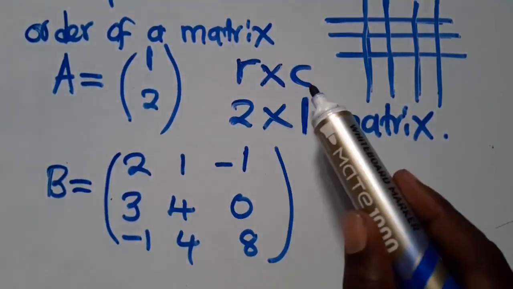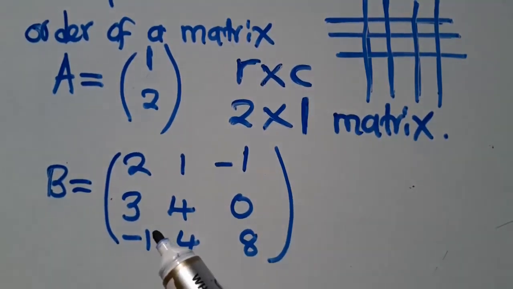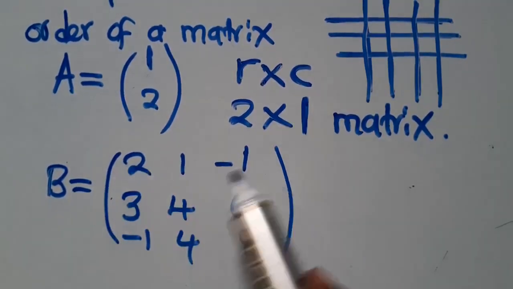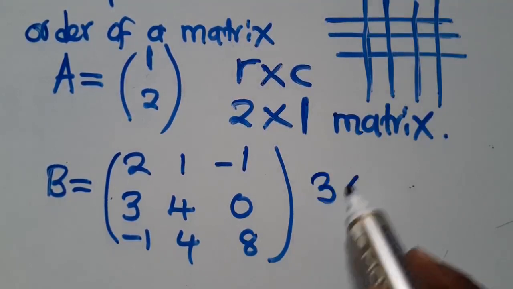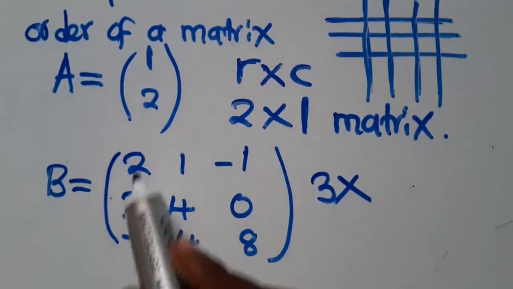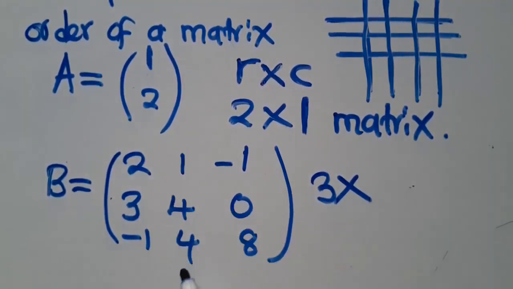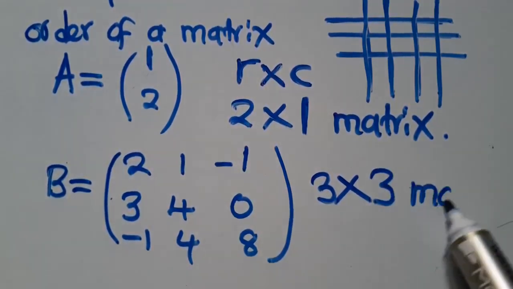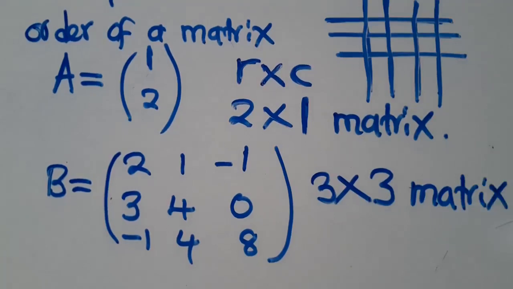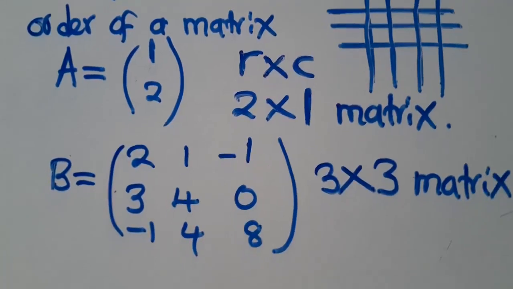Row by column. Even here you start by row. How many rows? 1, 2, 3. So this is a 3 by how many columns? 1, 2, 3. So this is a 3 by 3 matrix. This is how we get the order of a matrix.